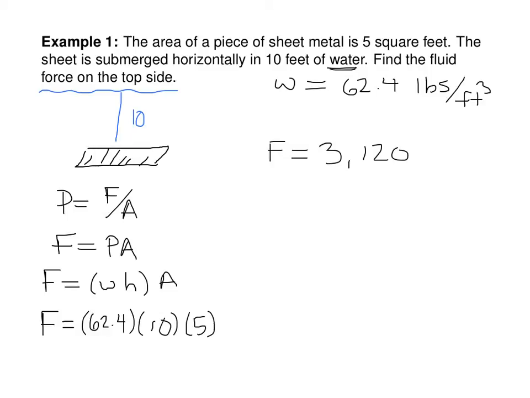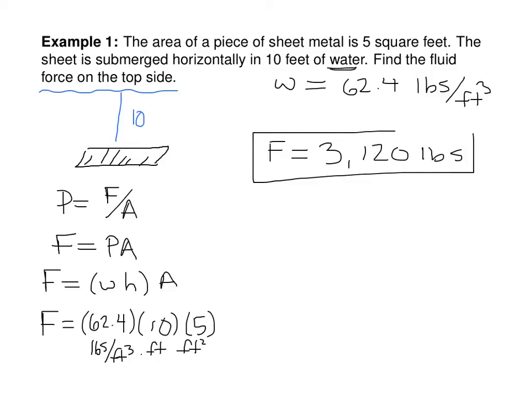Let's figure out what its units are. So 62.4 has units pounds per cubic foot. 10 is the depth, that has units feet, and 5 is the area, that has units feet squared. So this tells us the force has a unit of pounds, which it should since it's a force.